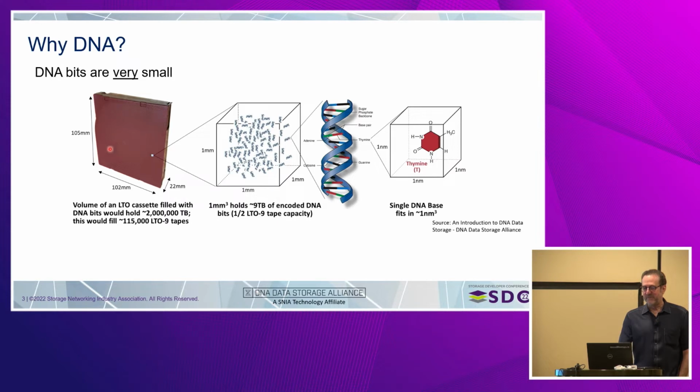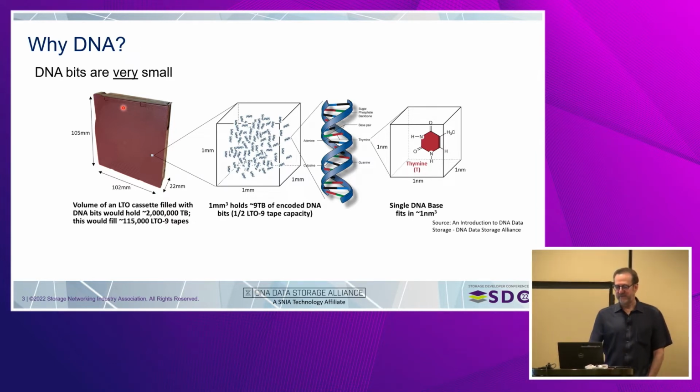This is a picture of an LTO tape, and with some rough estimates of density and assumptions about bit density, if we filled the space of this LTO tape with DNA bits, you could fit about 2 exabytes of data in this small container, which is over 100,000 tapes. Everybody has their own metaphor or analogy for scale, but this gives you scale.